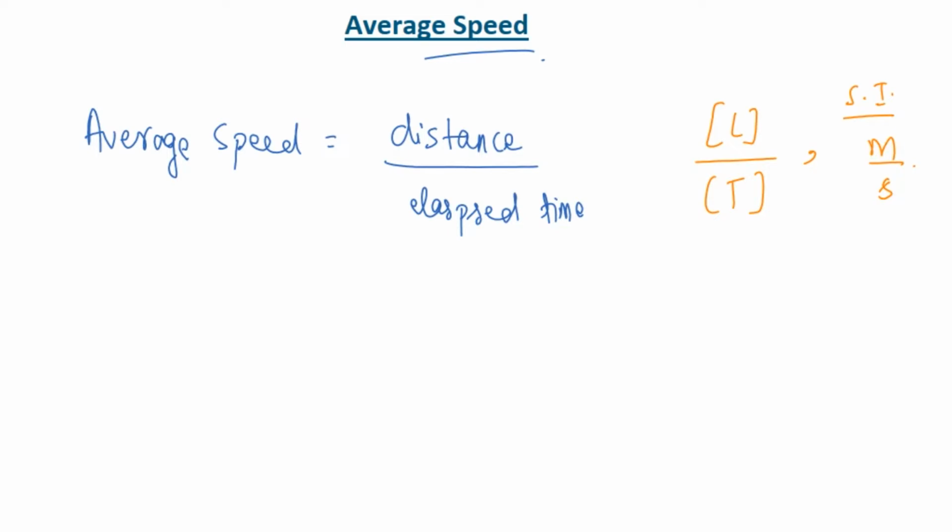Now a few things you should note about the average speed. These are very important. Here you see that the distance cannot be negative, it will always be positive, and time also cannot be negative, it will always be positive. So the average speed will always be positive.